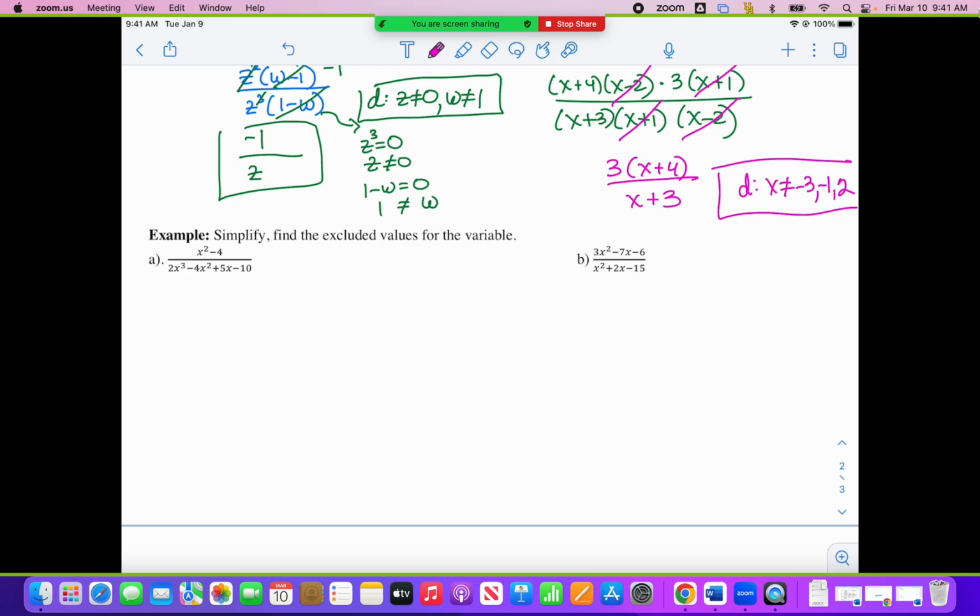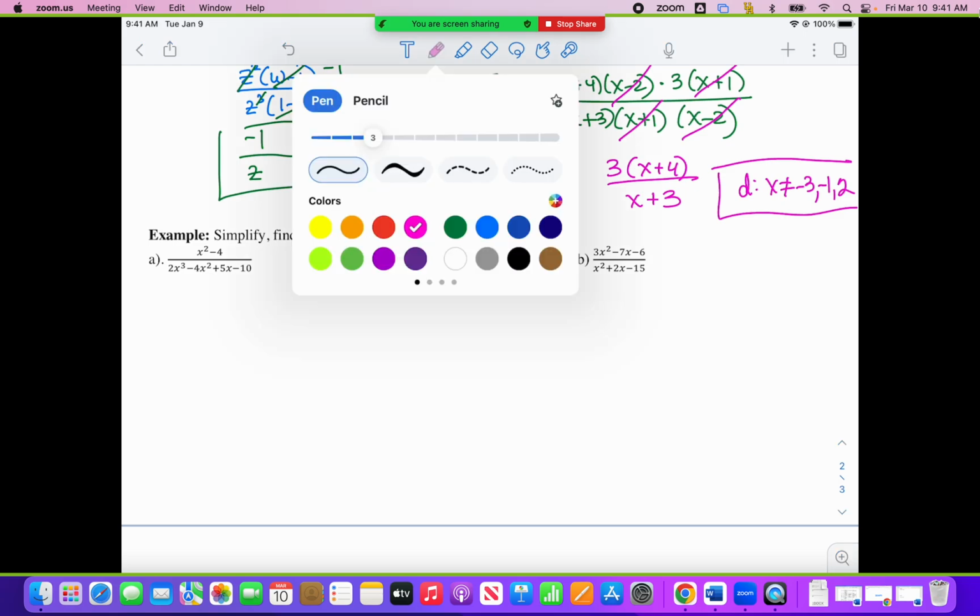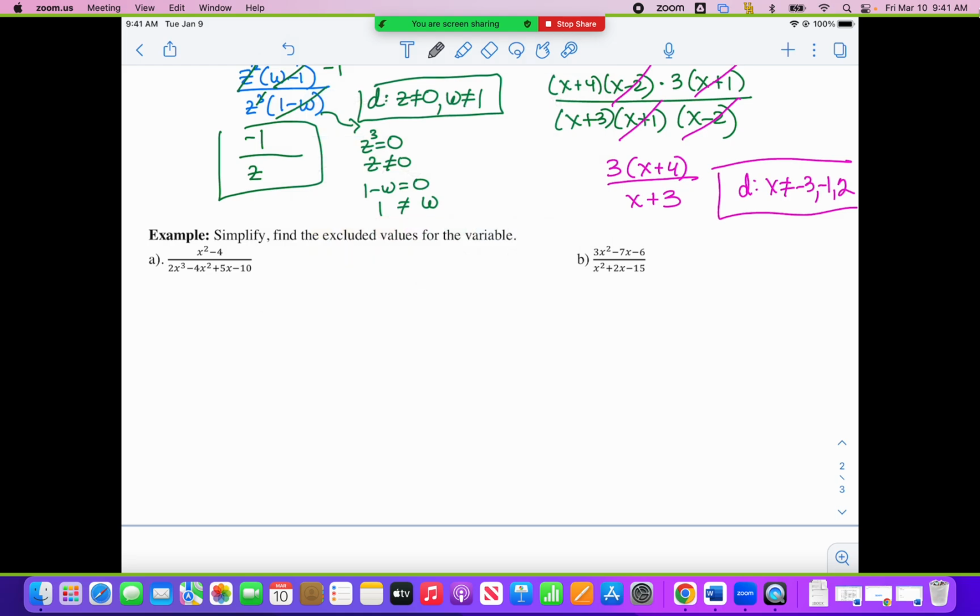All right, just because I'm low on time, I'm going to go ahead and work them out. So I get x plus 2 times x minus 2. Down in the bottom, I've got to do some factor by grouping. Can I cancel the x plus 2 right now? No, because the bottom is not completely factored.